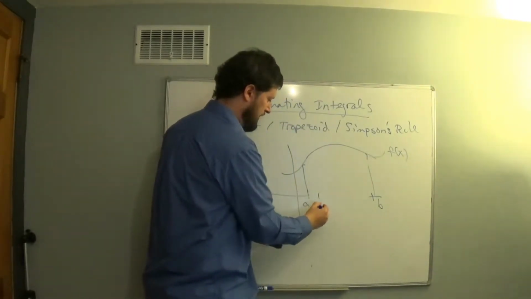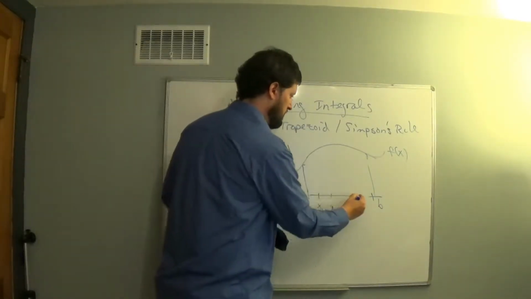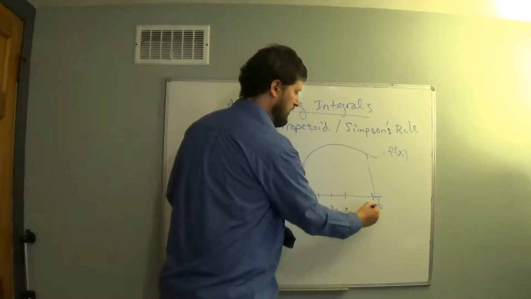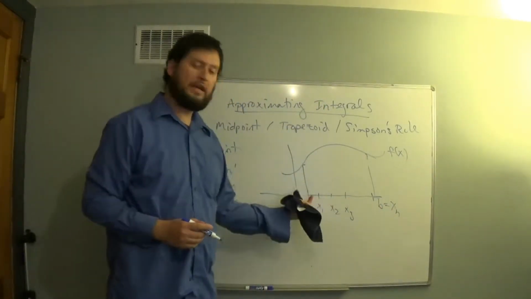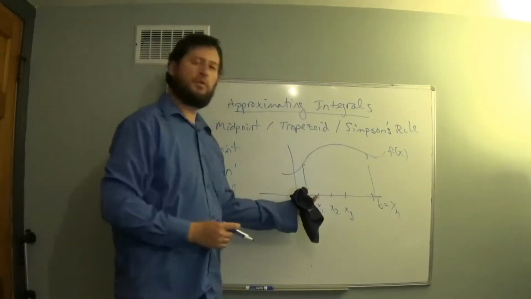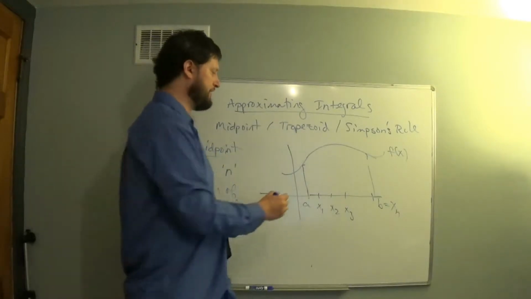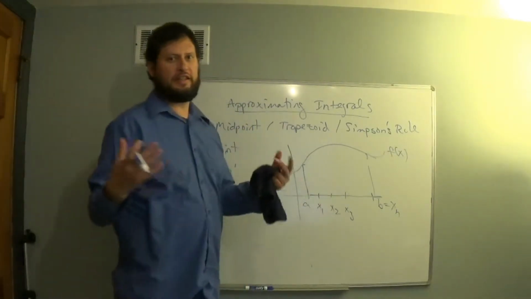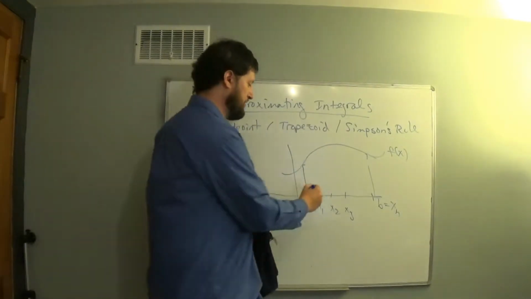So we have x1, x2, x3, all the way up to xn. I want to actually go in between each of these points. And so what that's going to do is sort of make a contribution from the left-hand side and the right-hand side. It's really the average of the left Riemann sum and the right Riemann sum with less calculations.